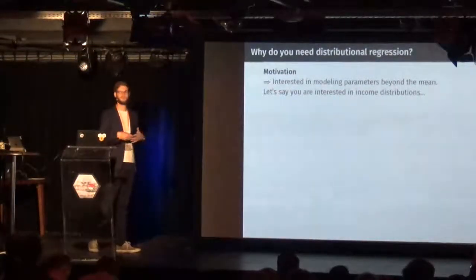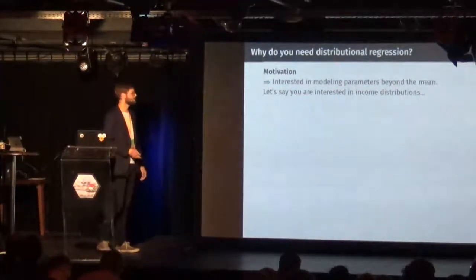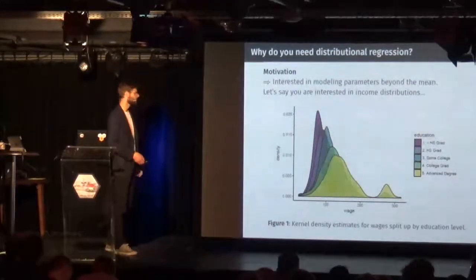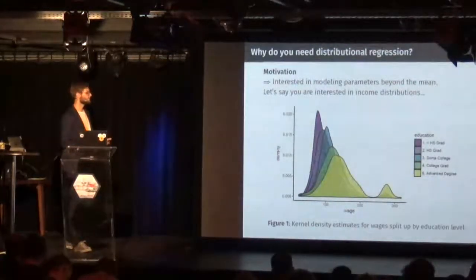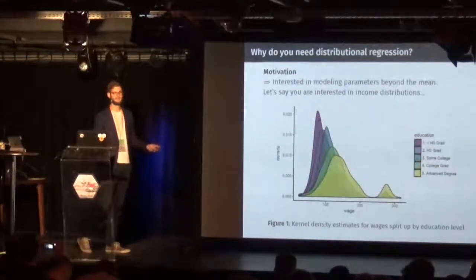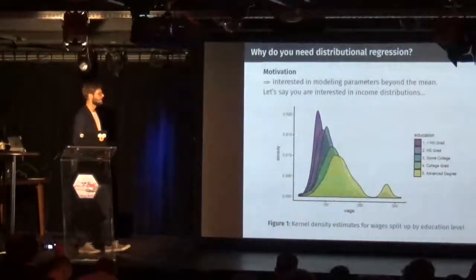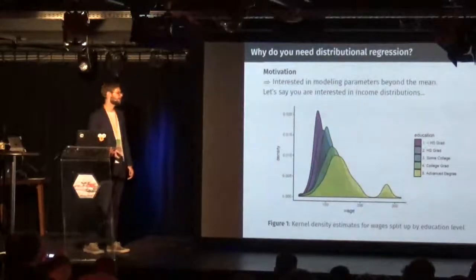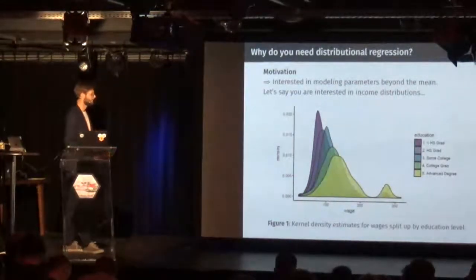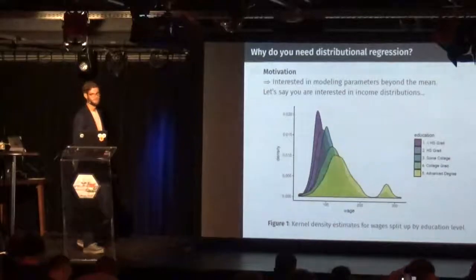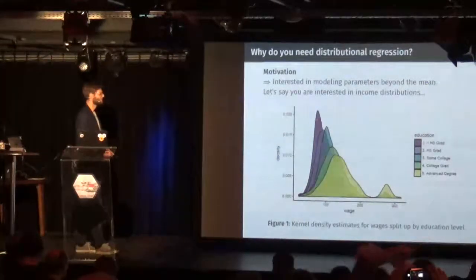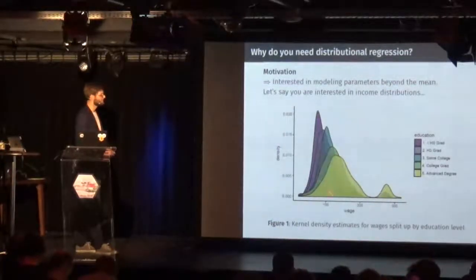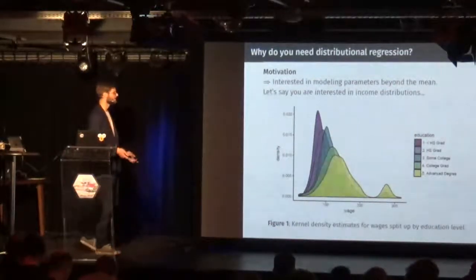So this could be, for example, an income distribution, and let's have a look at this graph right here. This graph shows different income distributions, so kernel density estimates for income distributions, depending on the education of the person. I mean, you can see that it starts at 0 because we usually don't have negative income, and we now have different distributions around here, or different kernel density estimates.